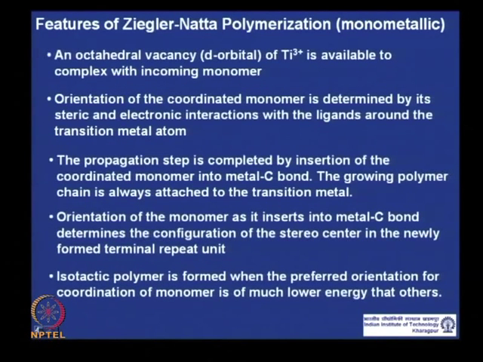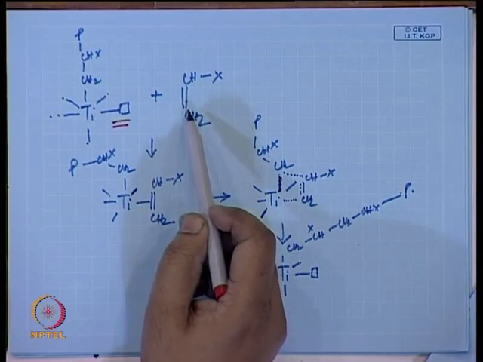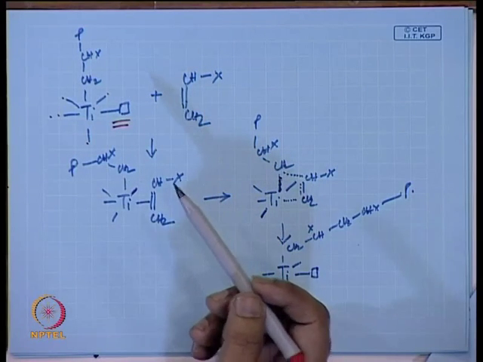If one orientation of the incoming monomer is much preferred over the others, then isotactic polymer formation takes place. So, now we basically know the mechanism of Ziegler-Natta polymerization.